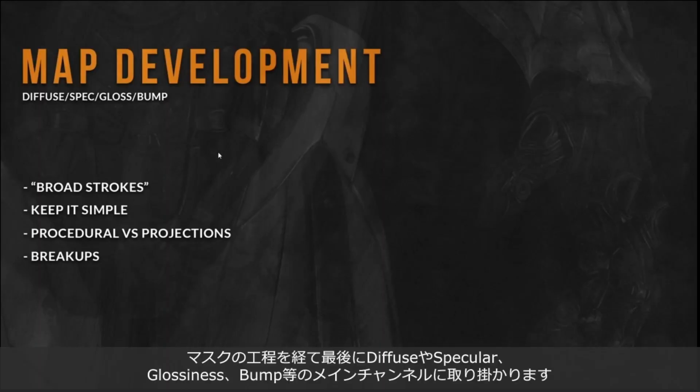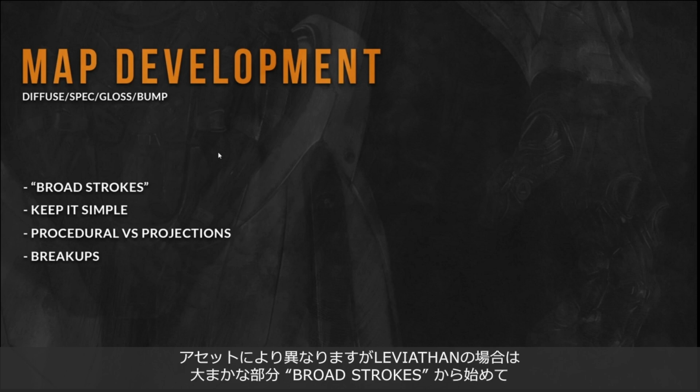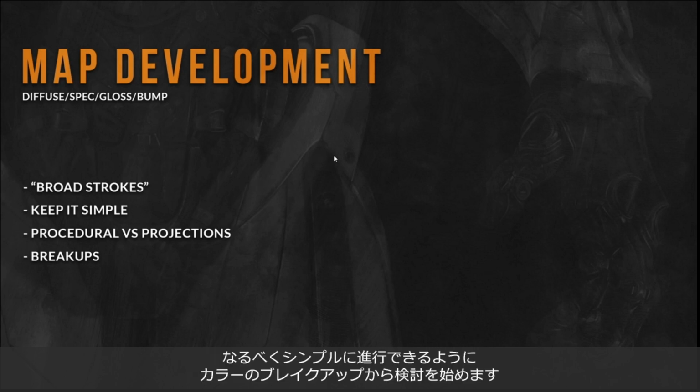So after I'm done with my masks, I finally started to develop my main channels, my main maps. So I'm talking about my diffuse or color, spec maps, gloss, bump. Again, it would depend a lot on the asset that you're working on. But for Leviathan, I started with broad strokes, keeping it simple as much as possible.